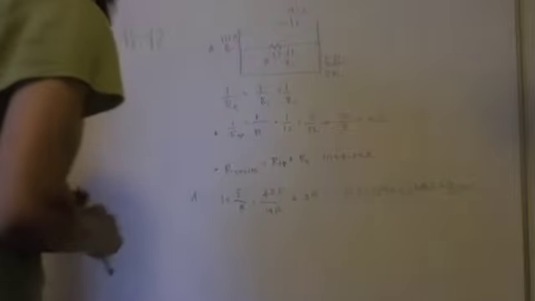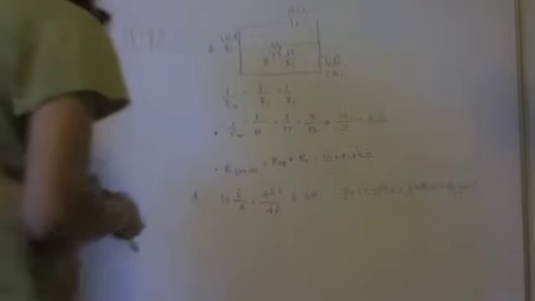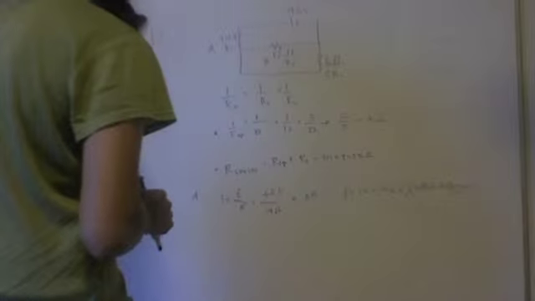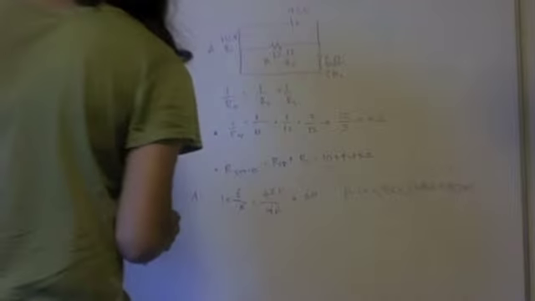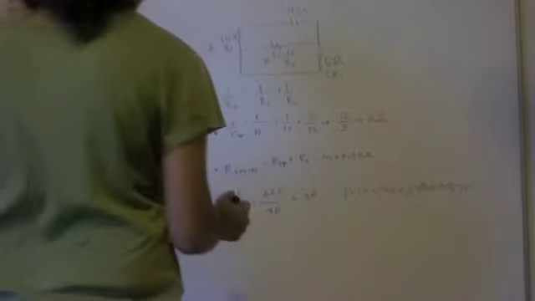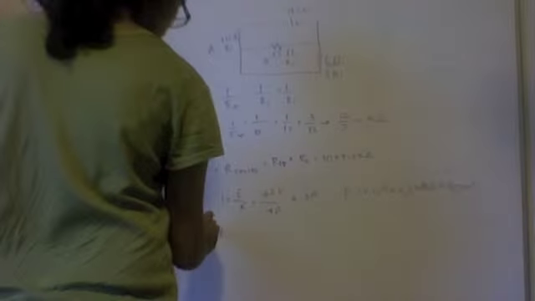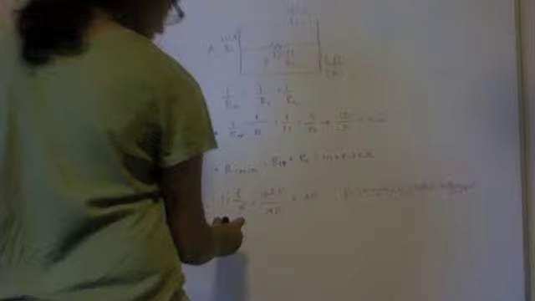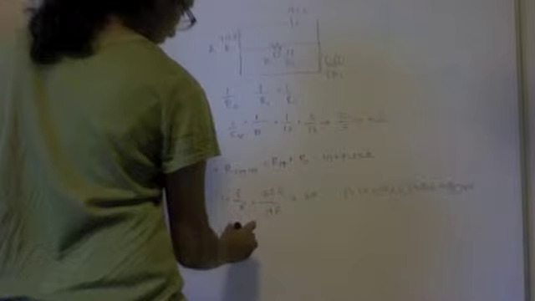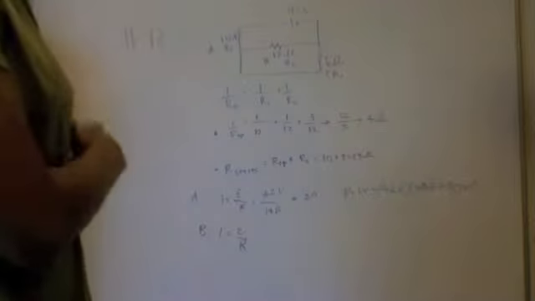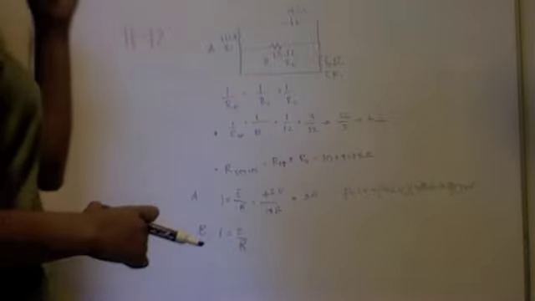Now for resistor B, I is equal to EMF over R, and we know that voltage is equal in parallel.